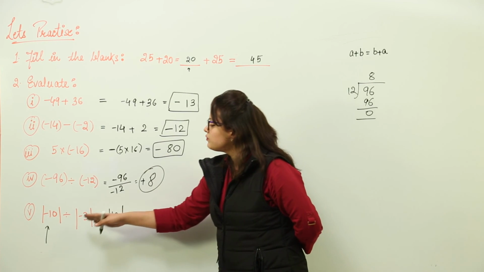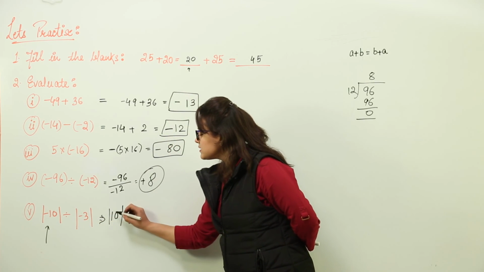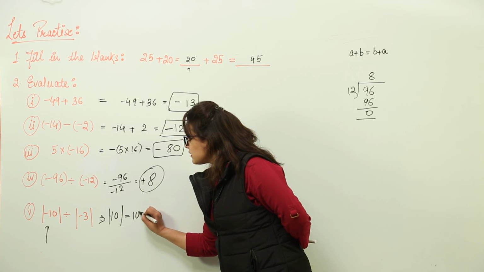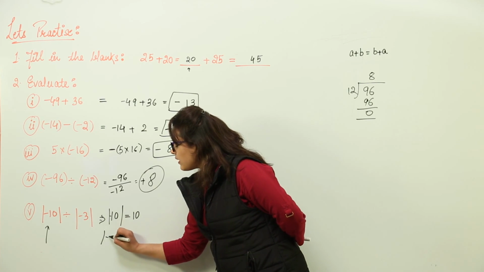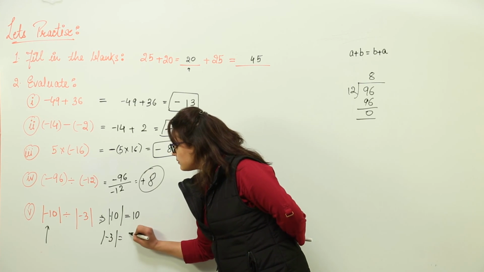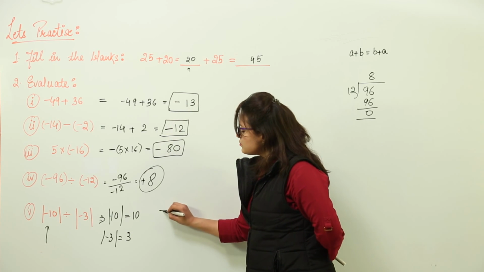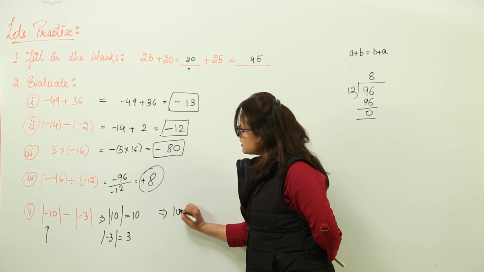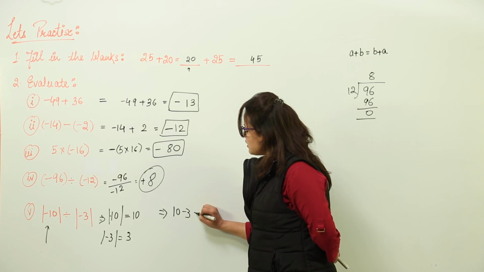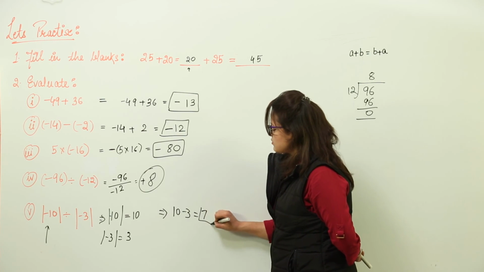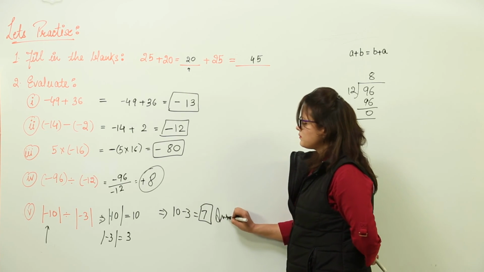You find the absolute value of minus 10, that would be equal to 10, and the absolute value of minus 3 would be 3. So now when you do the subtraction, that would be 10 minus 3 giving you 7. So 7 is your answer.